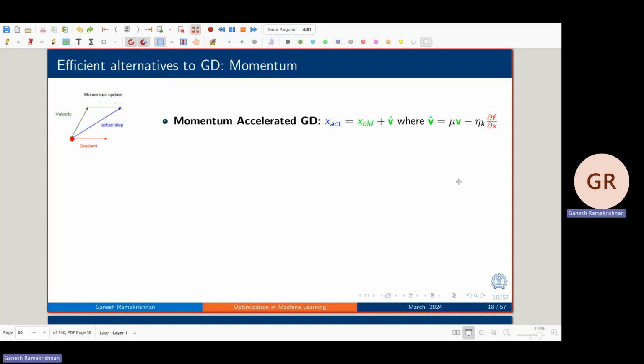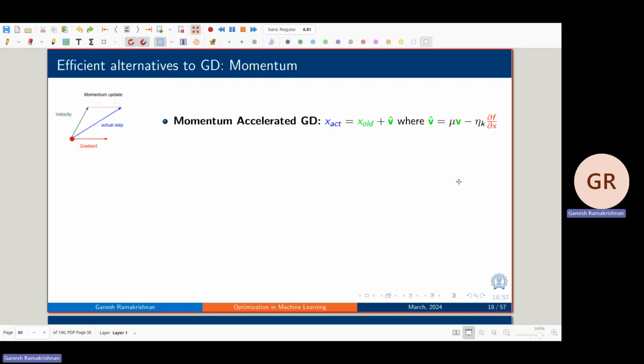So x actual is x old plus v hat, where v hat is mu v plus eta k gradient of f.